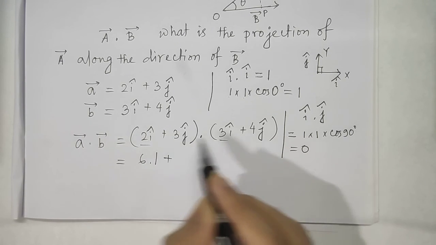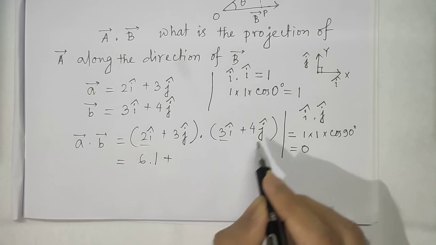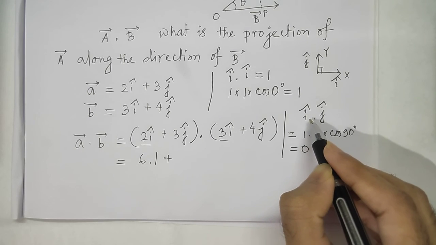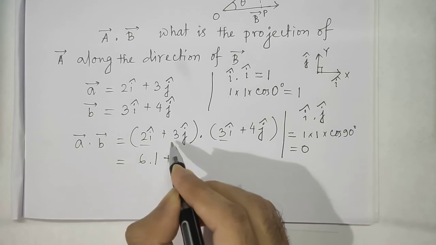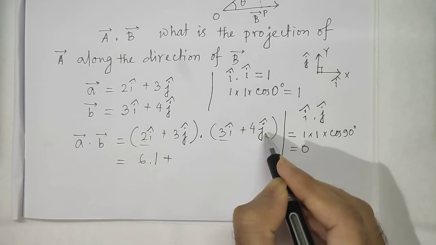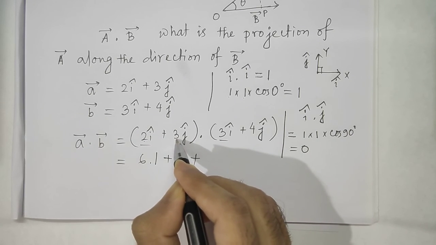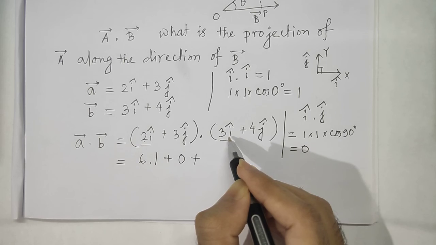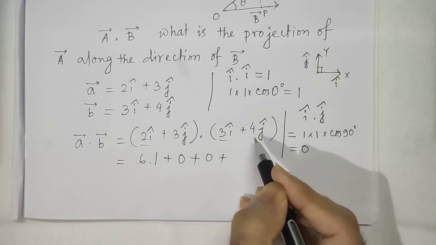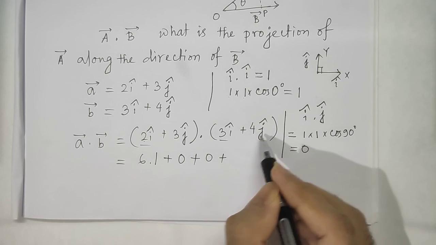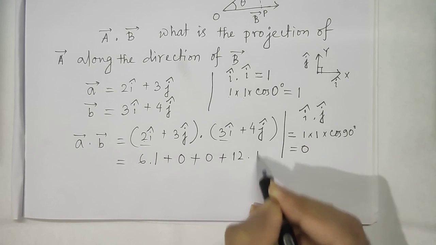We do the similar thing: this 2i cap dot this 4j cap, but i cap dot j cap is 0, so this term will be 0. So plus 0. Similarly, this 3j cap dot 3i cap will be 0. And the last term will not be 0 because this is j cap and this is j cap. So 3 into 4 is 12, and into 1.